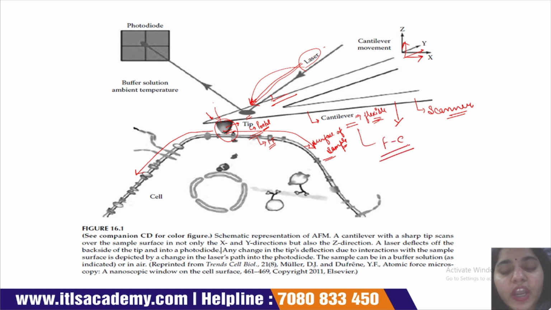Due to the change in this force, the deflection angle of the laser beam is also changed, and this change is detected by this photodiode or photodetector, and with the help of this signaling, this photodetector provides a high resolution image.